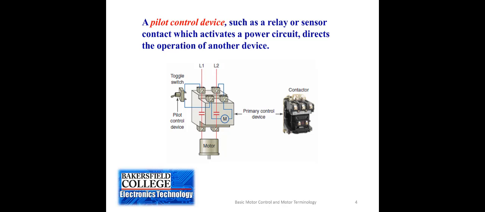So it is essentially something that has just two connections to it. It's sort of an in and out type situation where the switch or the contact or the sensor will close that connection, turn on the power to the primary control device.